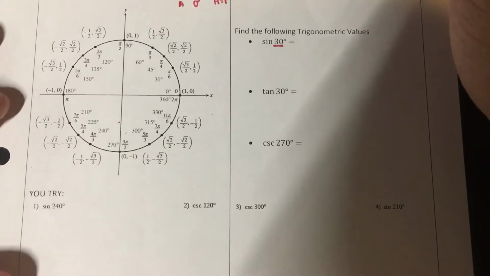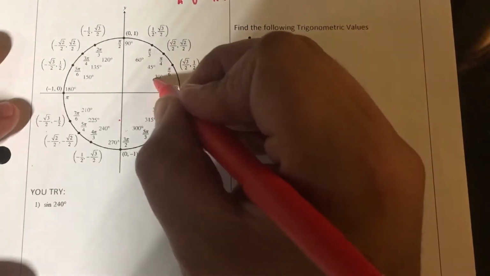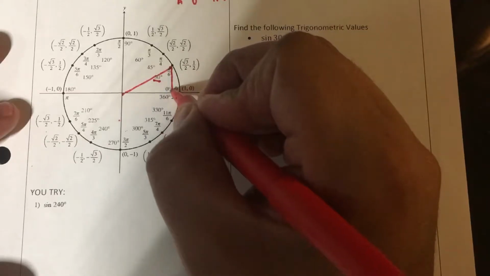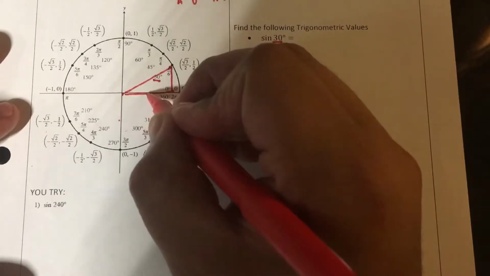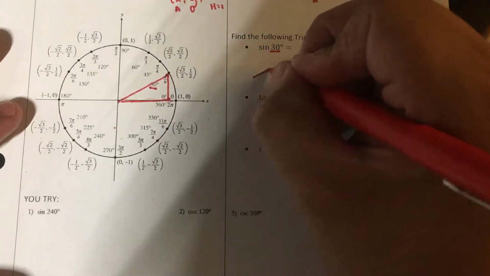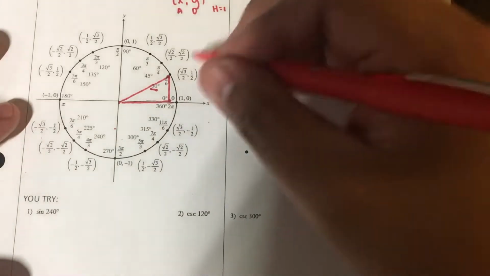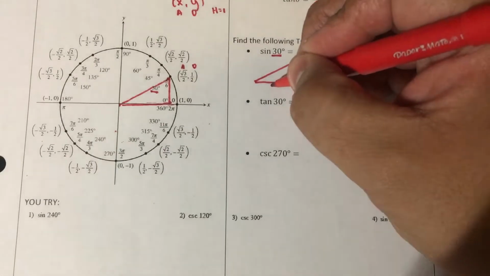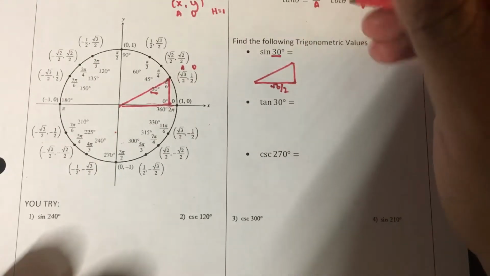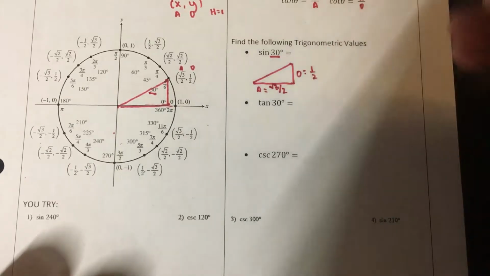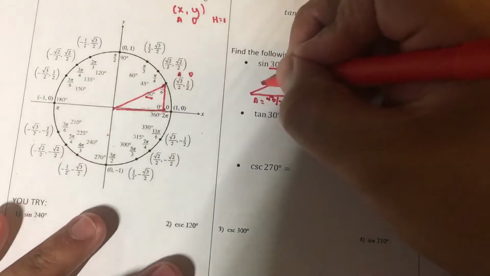So at 30 degrees, I can see it's 30 degrees right here. I'm going to make a triangle, and one of the sides is always touching the horizontal axis. So this is my triangle for 30 degrees, and I know that this is my A and my O. Square root of 3 over 2 is my A, and my O is 1/2, with my H equal to 1.